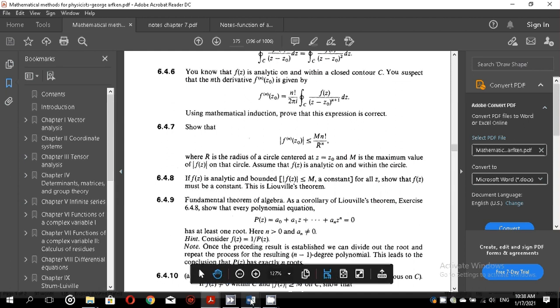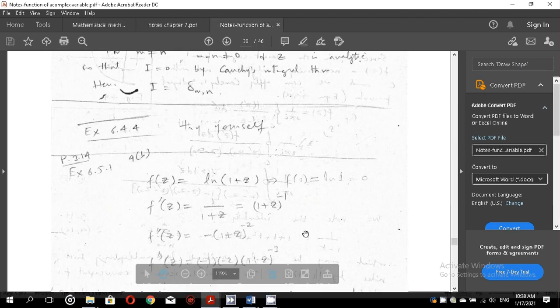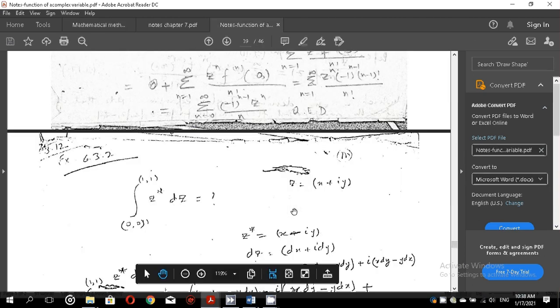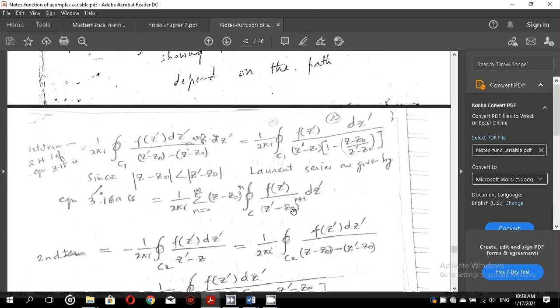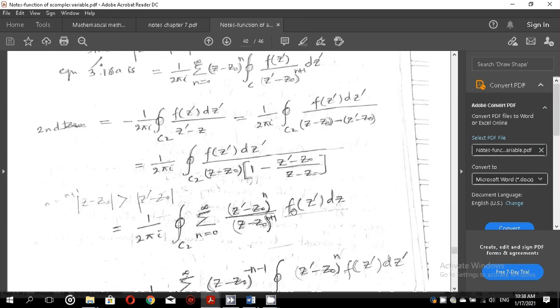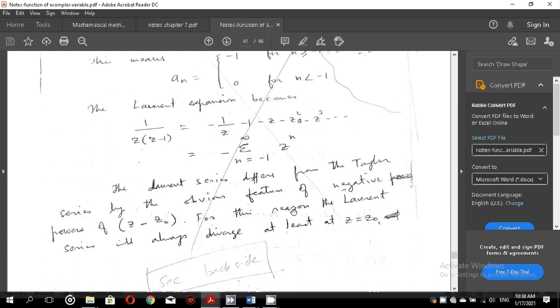So let me find the solution from the pages of my notes. Let us see if I can find the solution of this exercise.